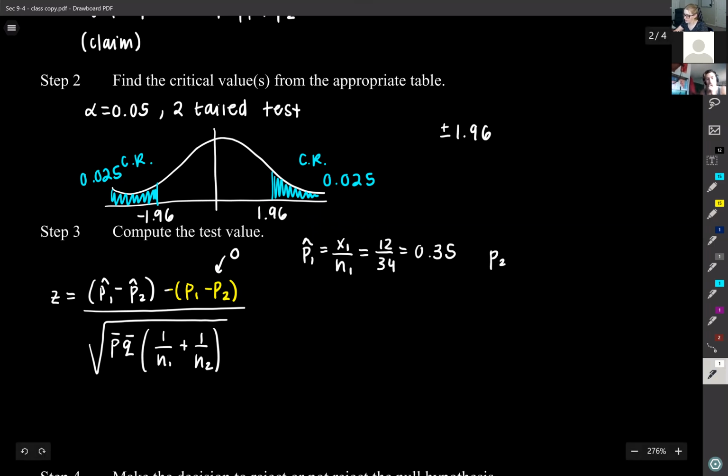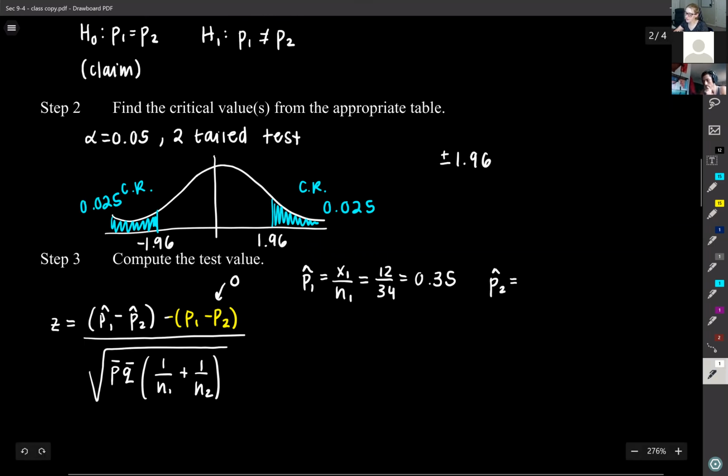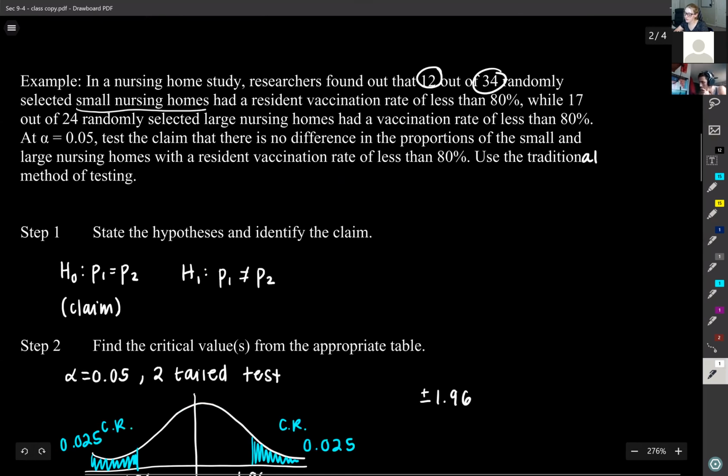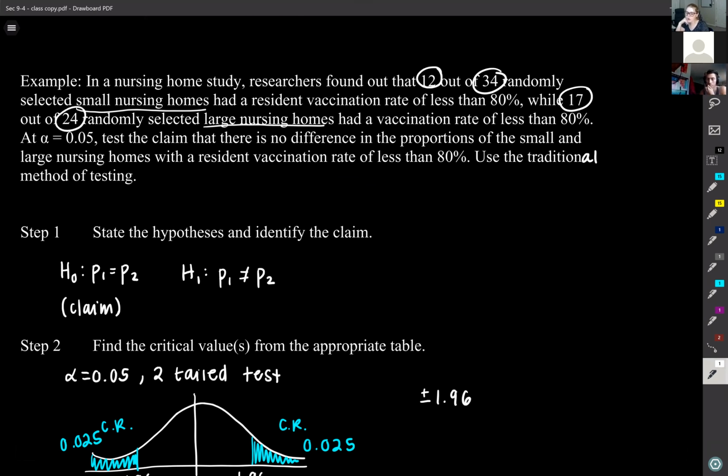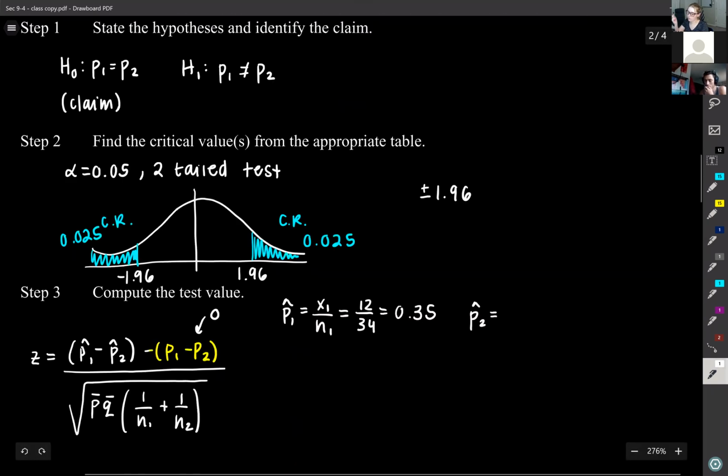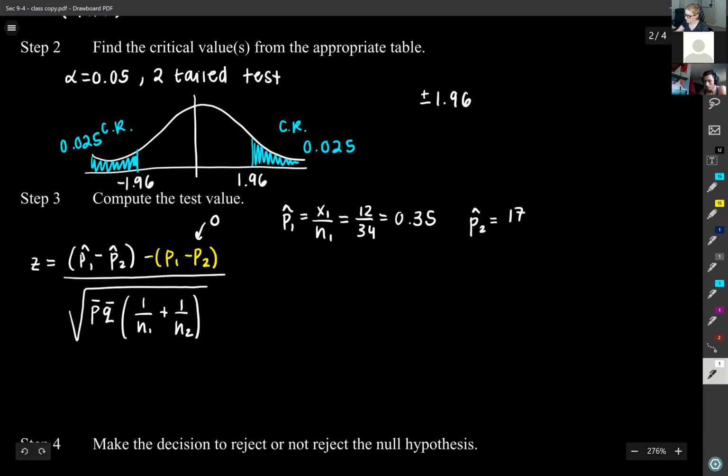And then let's do p2 hat, and this is going to be the proportion from our second sample. So then we talk about these large nursing homes, and we get told that 17 out of 24 of them have this vaccination rate. So our p2 is just 17 out of 24. And that's about 0.71.